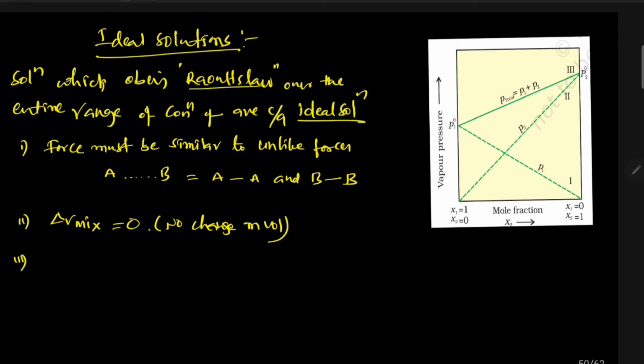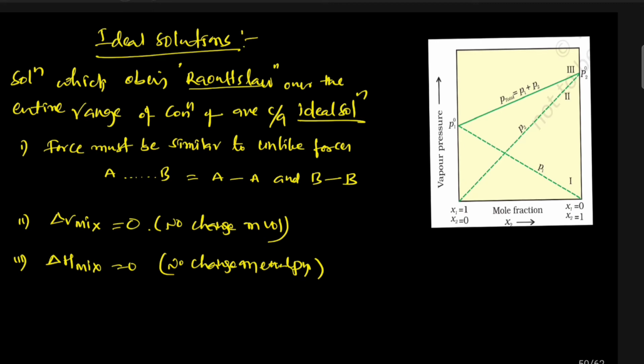Next, when two solutions are mixed, the enthalpy change equals 0, delta H mix equals 0. That means there is no heat released or absorbed during the mixing of the two components.